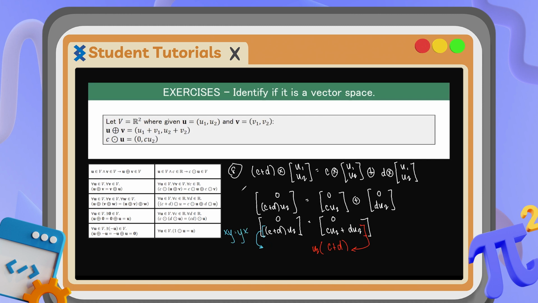Regardless of whichever comes first, you get the same answer. So technically, we can put u sub 2 first in multiplying before c plus d. And notice again that these two are equal. So therefore, we satisfy property number 8, or right distributivity of vectors. So we've satisfied already 8 properties and we have 2 more left to go.